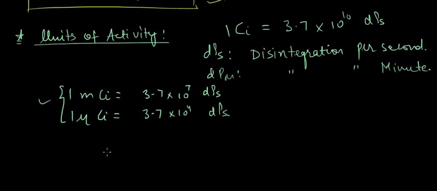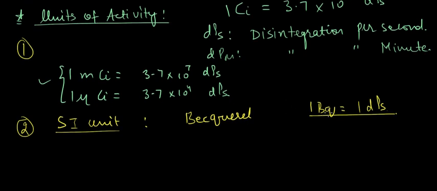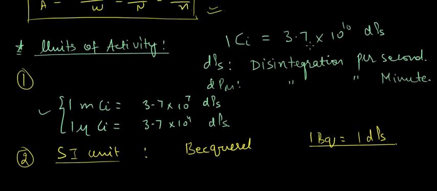So the first unit is Ci. Second we have the SI unit, which is becquerel. So 1 Bq is equal to 1 disintegration per second. So we can write that 1 Ci is 3.7 times 10 to the power 10 dps and 1 dps is equal to 1 becquerel.